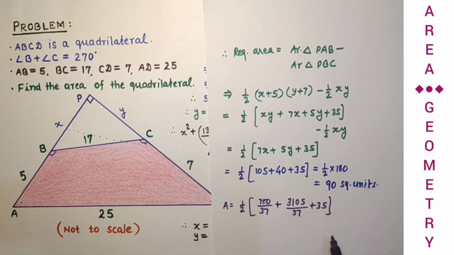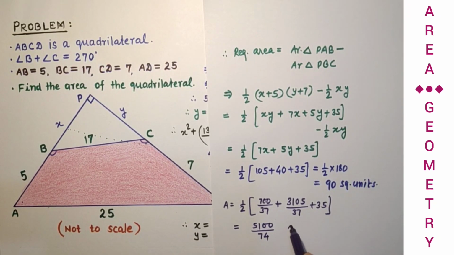After simplification it is coming 5100 by 74, and that is approximately 68.92 square units.